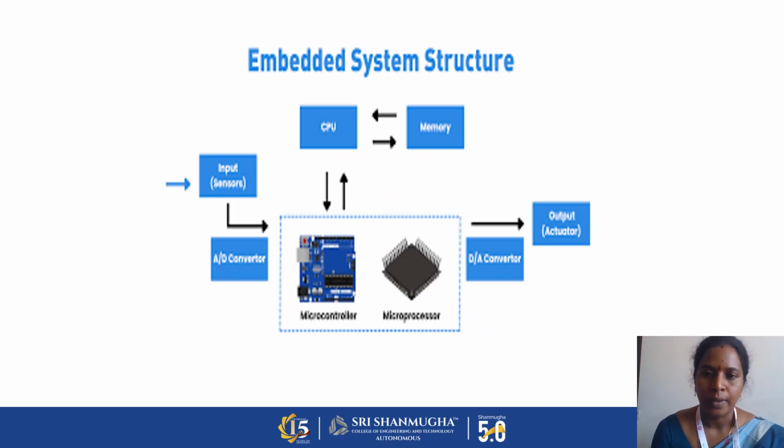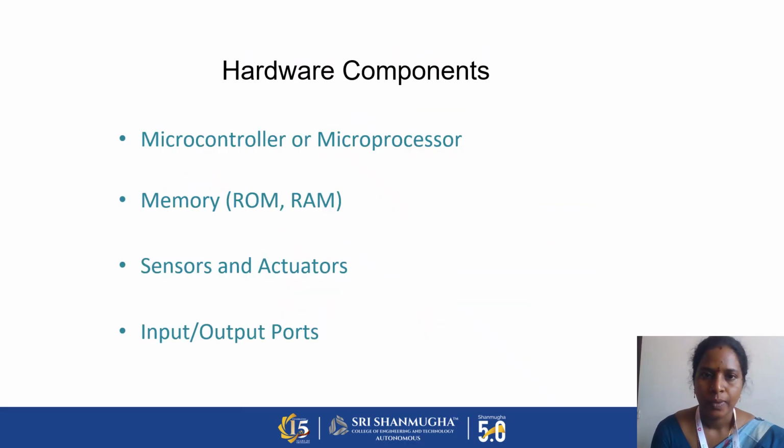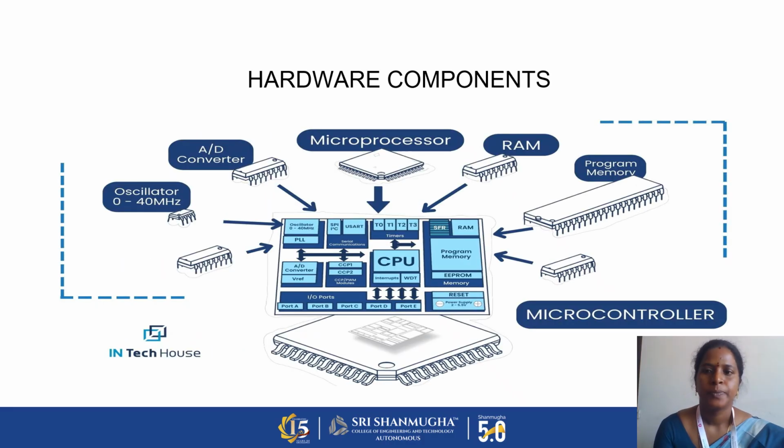So already in my previous video, I have explained the entire structure of the embedded system. Here the hardware components are the microcontroller or microprocessor, memory unit, sensors and actuators, input and output parts.